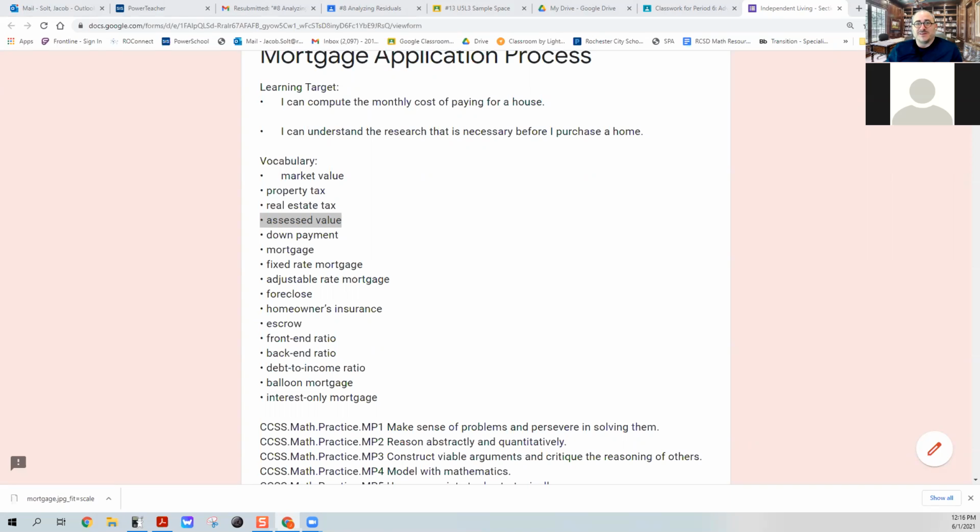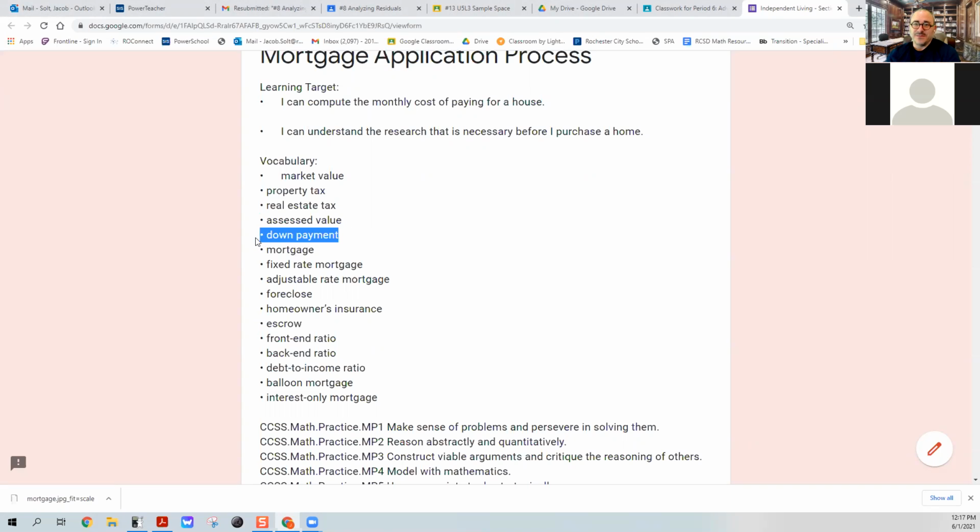Sometimes you can argue with them and say, hey, the market value has changed since this was assessed, and the assessment is too high. You'll be charging me too much real estate tax, too much property tax based on your assessment. You can fight the assessed value, but the assessed value is what they use to determine what you pay your taxes on.